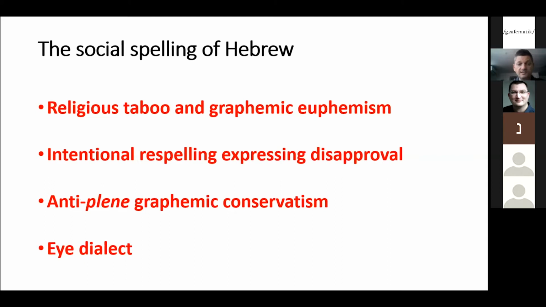We'll then discuss intentional respelling, which expresses disapproval. How do you spell differently to show that you don't like what you're writing? Then general conservatism in anti-reform graphemics of Hebrew: people who don't like reforms, and what do they say about that? How do they express that in writing?